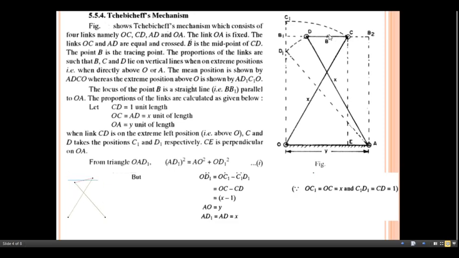The proportions of the links are such that B, C and D lie on a vertical line at the extreme position, that is, when directly above A or above B. If I consider the extreme position when the displacement is given to this whole mechanism, D is shifted towards D1, B towards B1, and C towards C1.